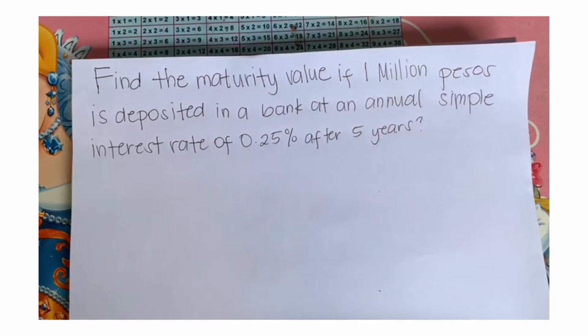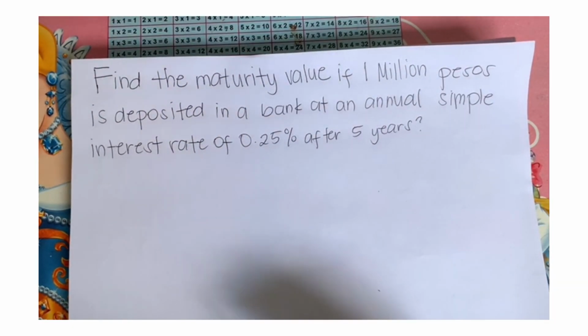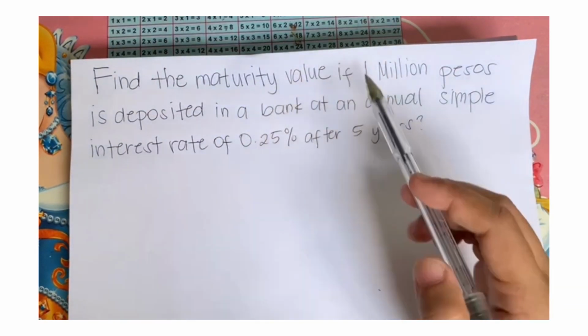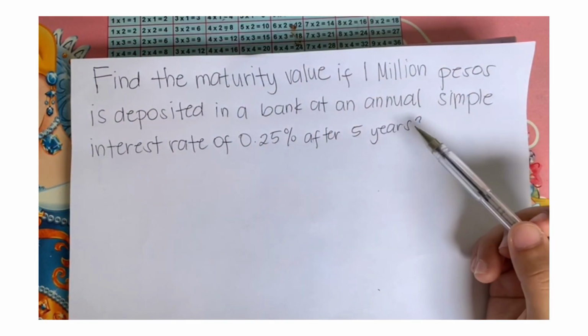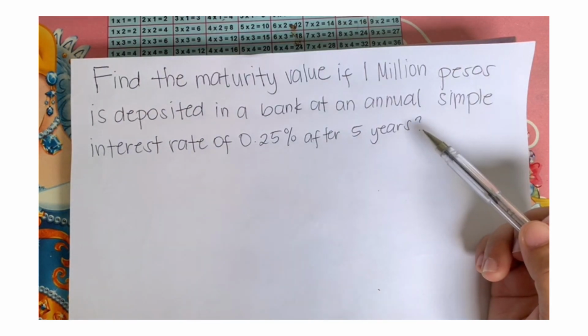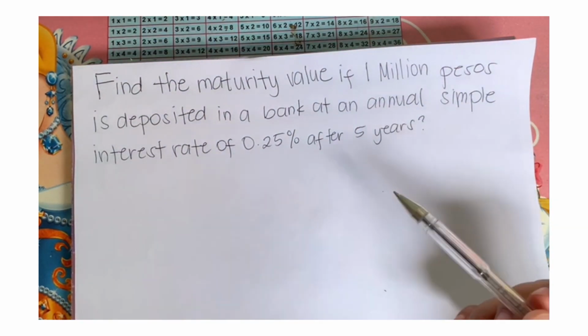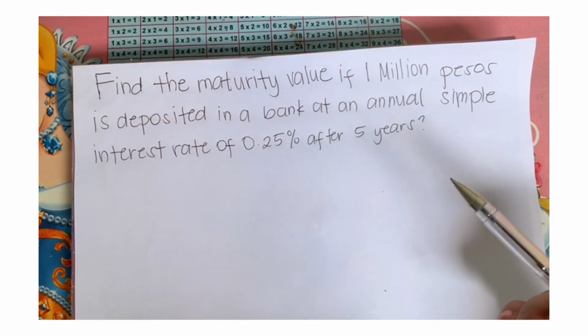Example of maturity value. So here's an example of maturity value. Find the maturity value if 1 million pesos is deposited in a bank at an annual simple interest rate of 0.25% after 5 years.